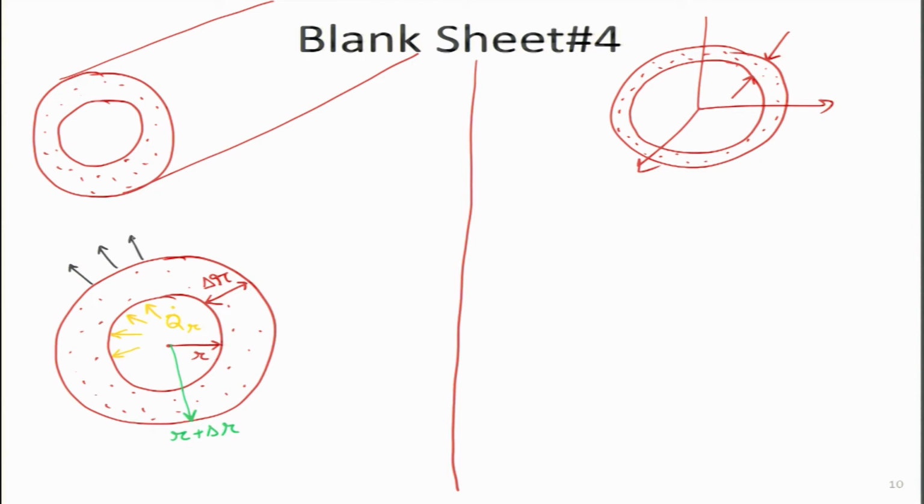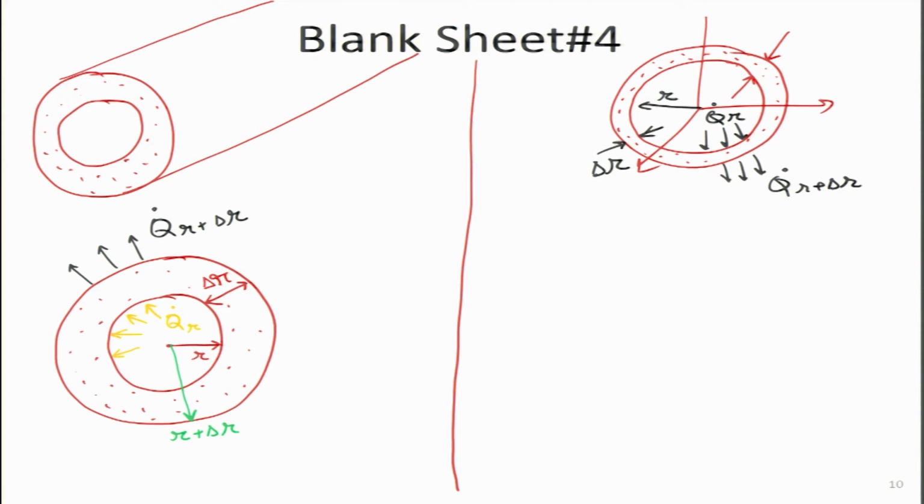This q dot I will write as q dot r plus delta r, and the same thing we can do for the radial case also. This becomes q dot r, and over here it becomes q dot r plus delta r, as long as this radius is r and this thickness over here is delta r. So, everything is kind of analogous. It comes out beautifully.